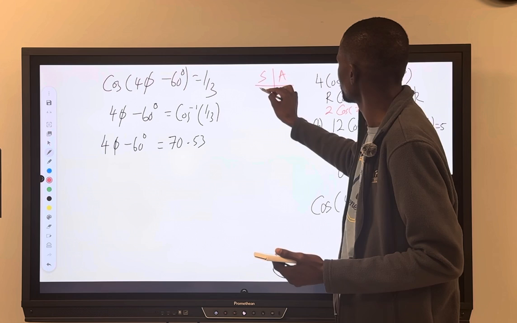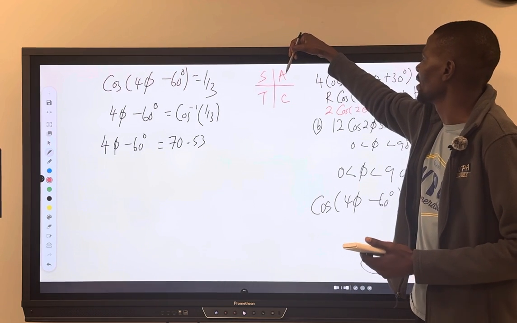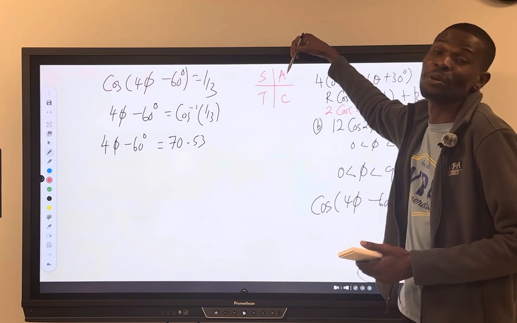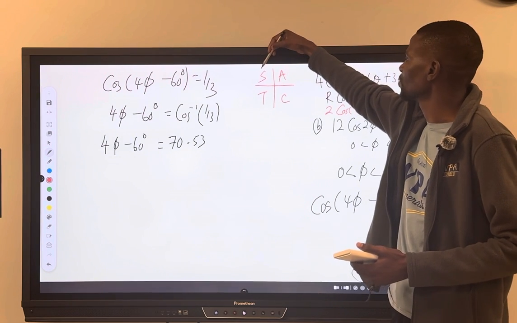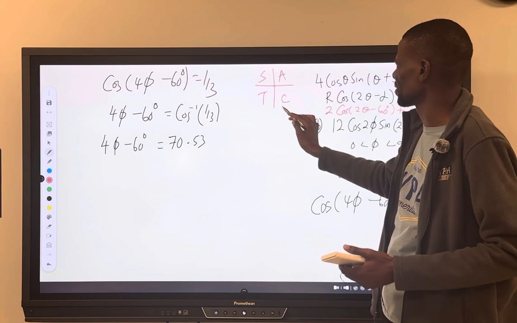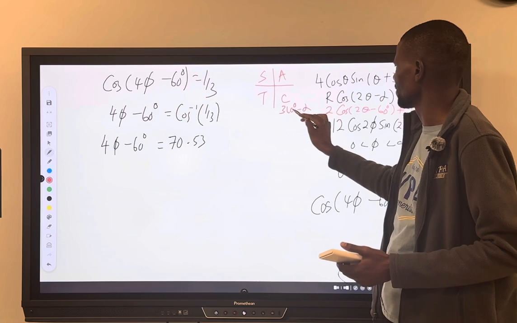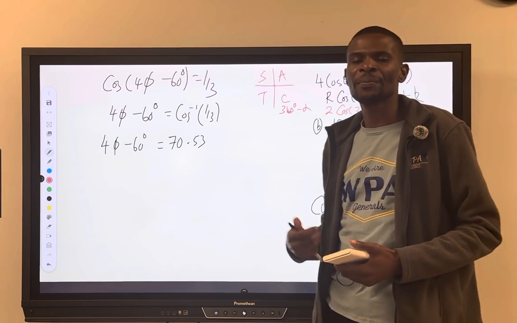But remember, guys, when we are solving trigs, we need to take note of the quadrants. All Students Take Calculus: all three trig functions are positive in the first quadrant, here it's only sine, here it's only tan, and here it's cos. In this quadrant the angle is 360 degrees minus the first angle, because we need the two principal solutions.